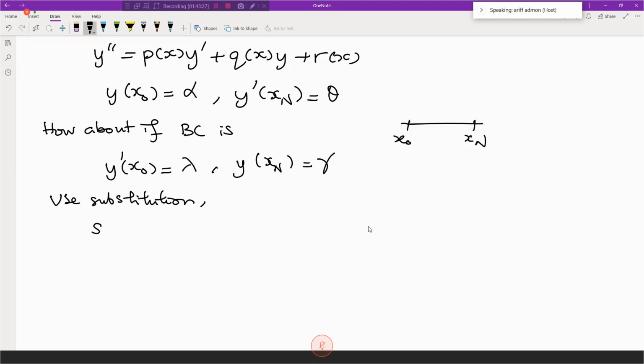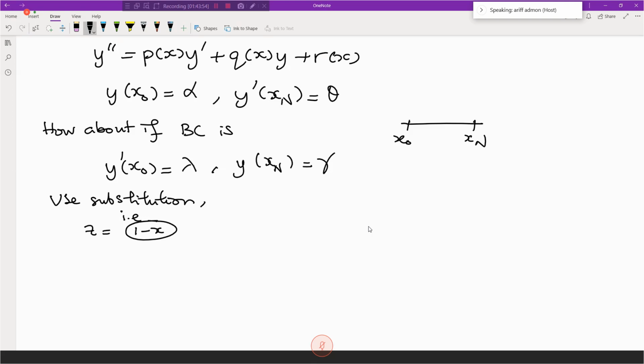No, not S. S is your shooting. Let's say Z. You can use any substitution Z equal to any other term here. But for example, I'm not sure whether this is fixed or not.